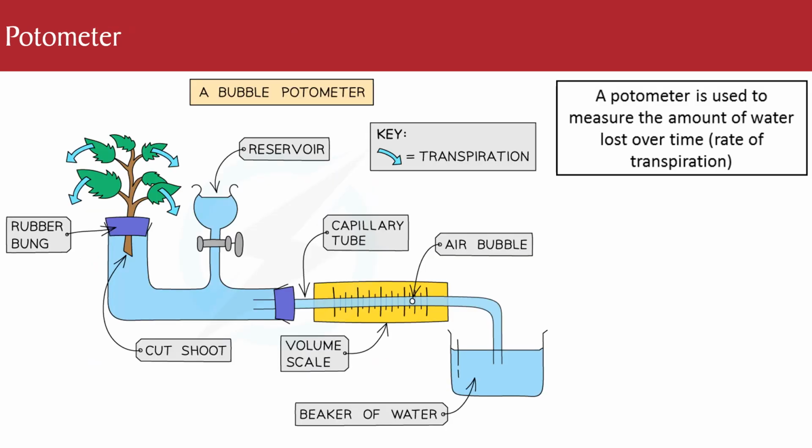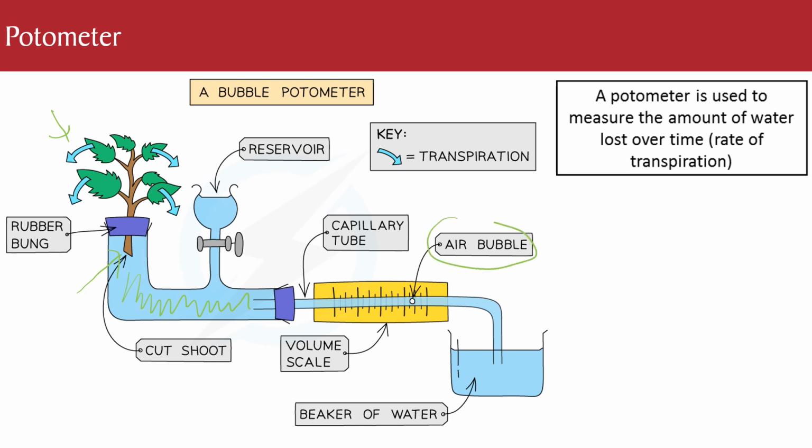Now, measuring transpiration, right, I love this kind of little sort of diagram here, right? So what we've got is we've got a plant at the end here that is transpiring. It's got a cut root, and what happens then is you've got loads of water in here. The most important part of this then is how do you actually measure the transpiration?